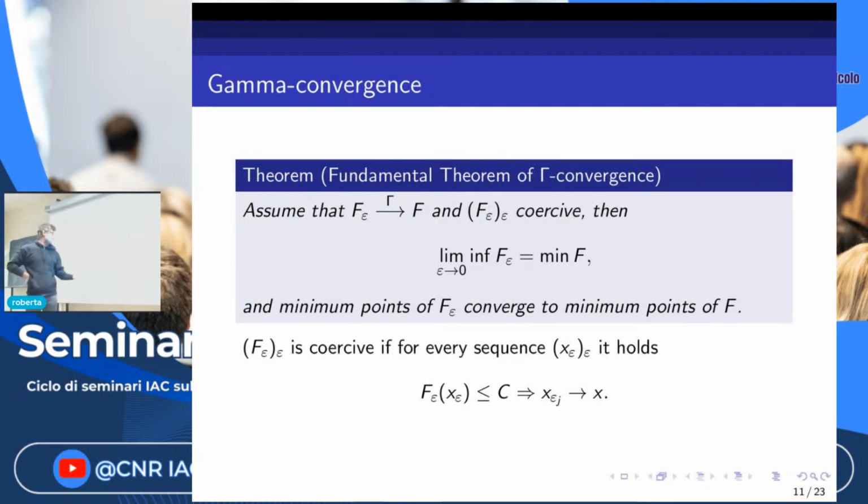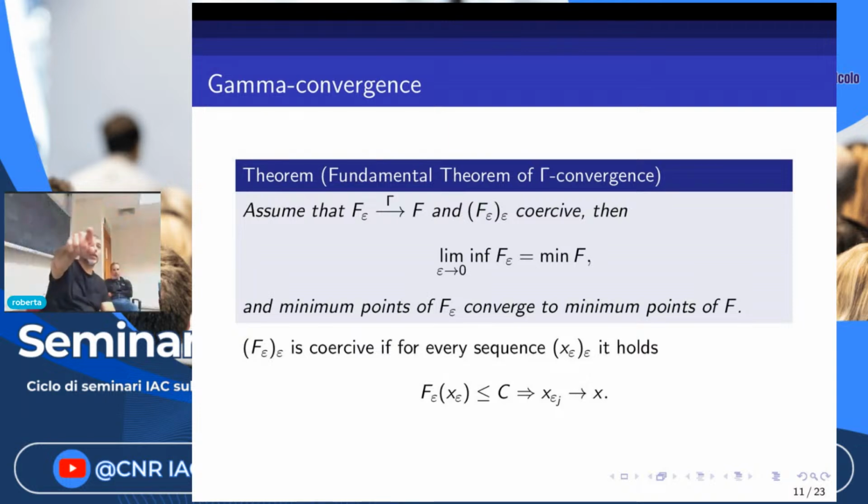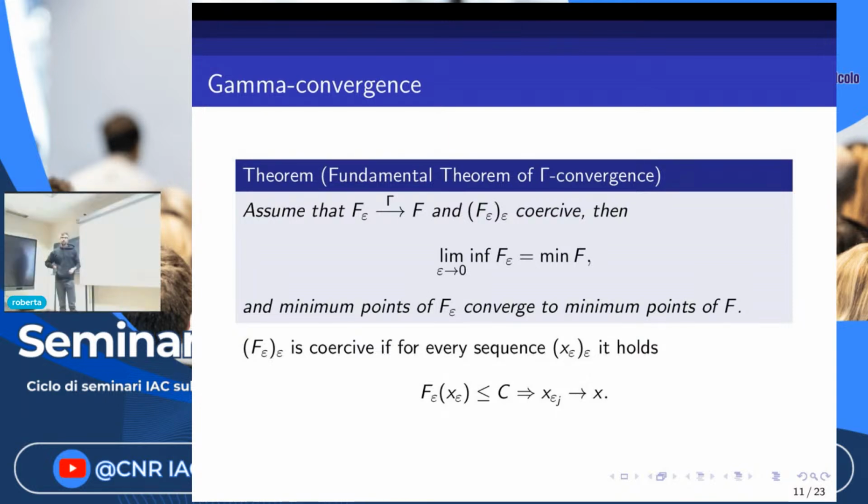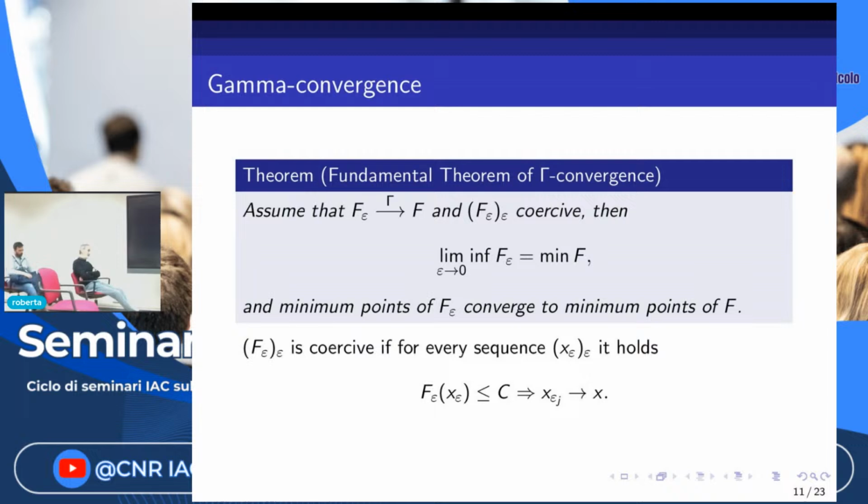This is the definition of coercive. There are many definitions of coercivity; this is, I would say, the sequential one. Another one is that there is a uniform compact set in which you can find all the x epsilon. Basically, you want some compact set. If you're in a metric space, you're looking for sequential compactness.